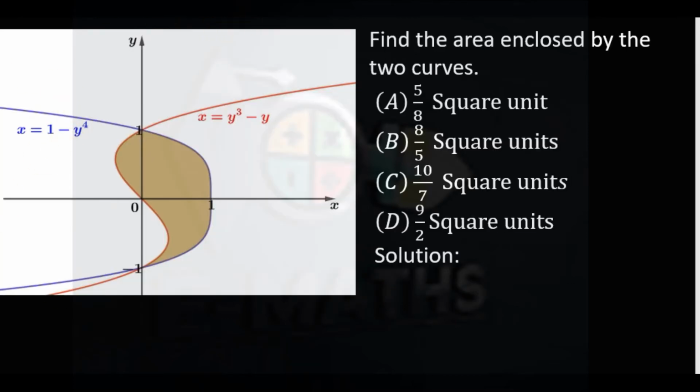Looking at this, it is the same thing as what we had before, but this one is now in terms of the y-axis. The points of intersection are -1 and 1.